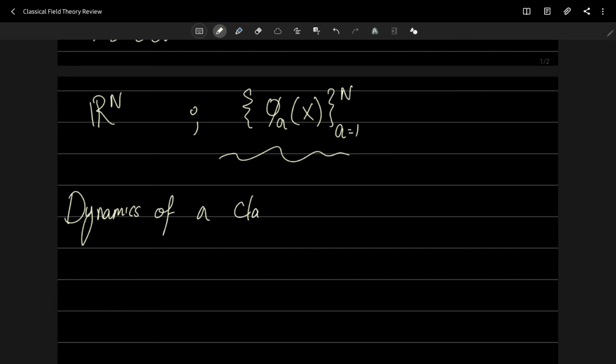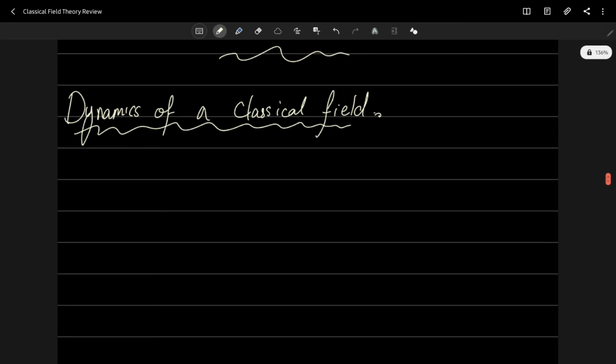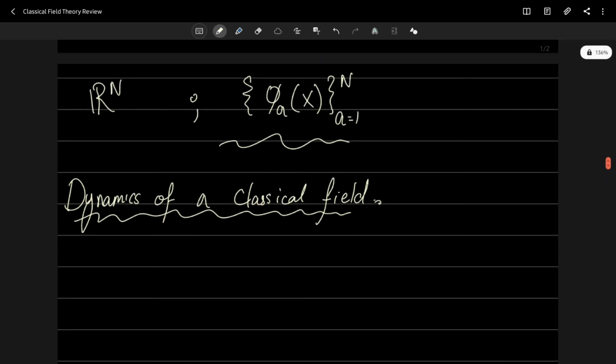We are going to spend some time on this. We will restrict this discussion to classical dynamics generated by Lagrangians, and the Lagrangians are obtained via the variational principle applied to the action functional, where the system of scalar fields is this thing over here, and this index a labels the particle type.